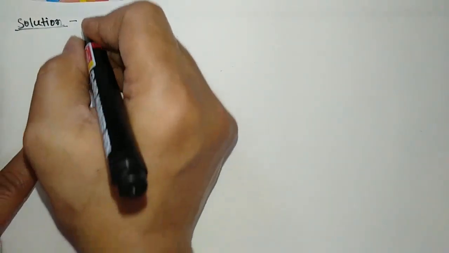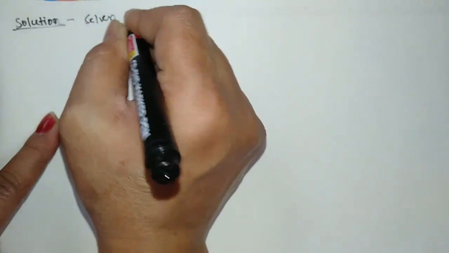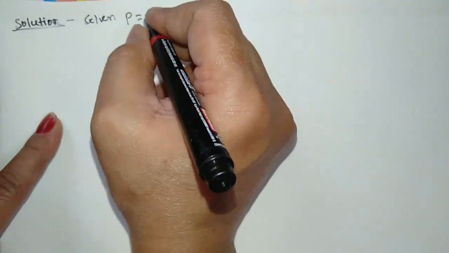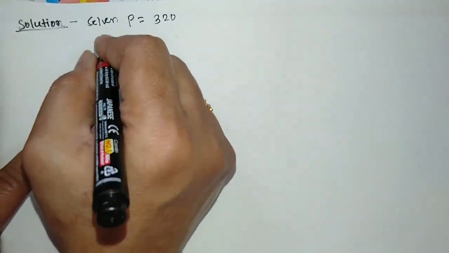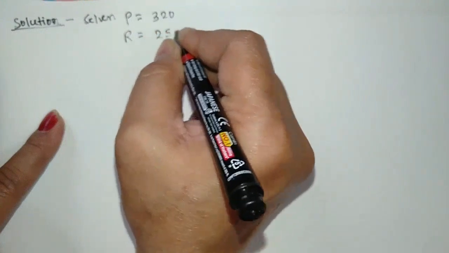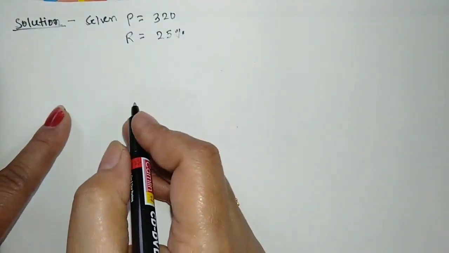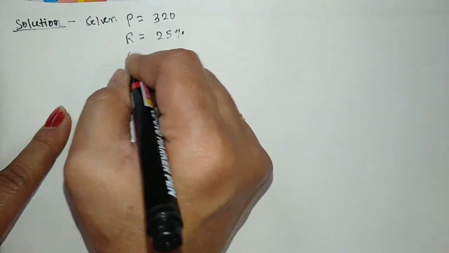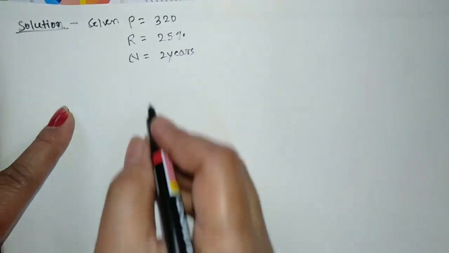See the solution. Write down the given things. Given P is equal to 320. R is equal to 25%. N is equal to 2 years. A is equal to question mark.